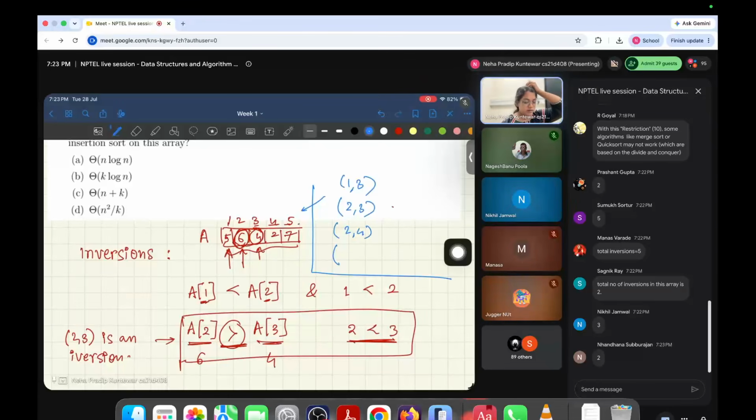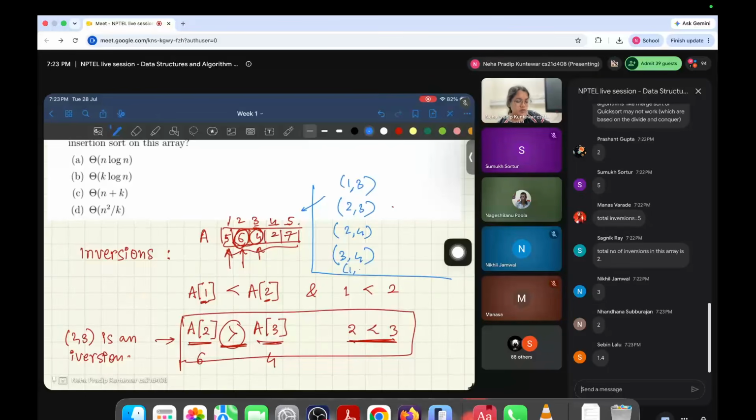Then 3 4 is an inversion, and 1 4 is an inversion. Yes. Okay, so there are 5 inversions here.